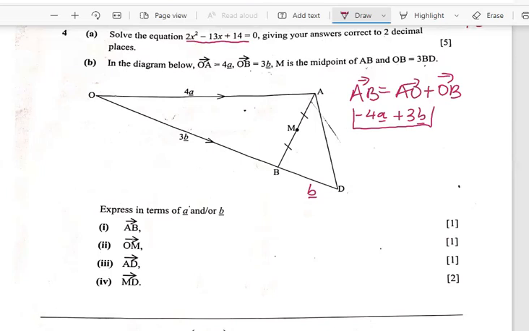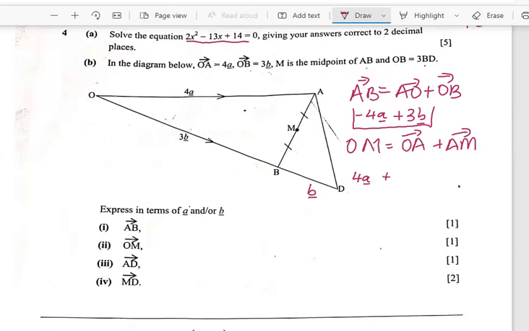What about OM? Take note. OM can be equal to OA plus AM. Now, you must know that OA is equal to 4a, isn't it?